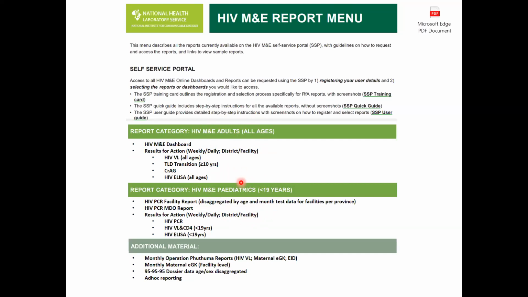We've also got the pediatric reports, and we've got some more than the adults, because we do focus on pediatric HIV surveillance. So we've got PCR facility reports, which is basically how many tests were done and how many were positive per age group per facility. That rolls up all the way to sub-district, district, and province.